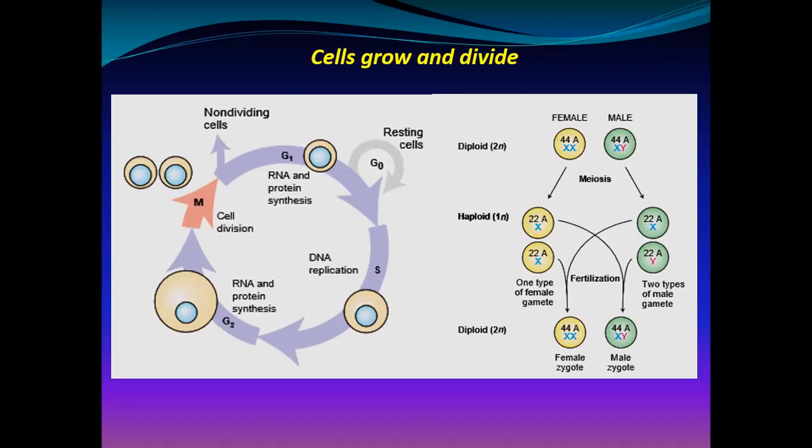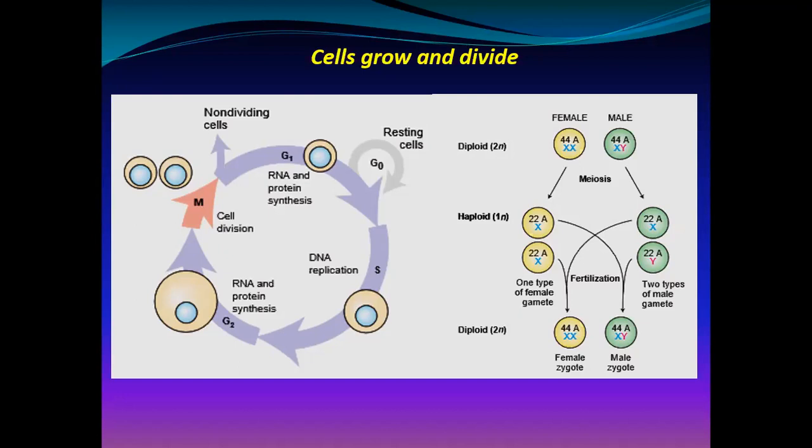Right? At the same time, cells undergo, what do you call that, the reproduction we are calling, right? It's female, male, meiosis, and then the diploid becomes haploid in the gametes, right?